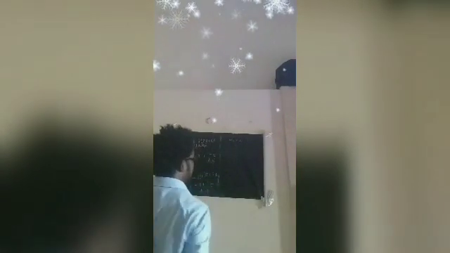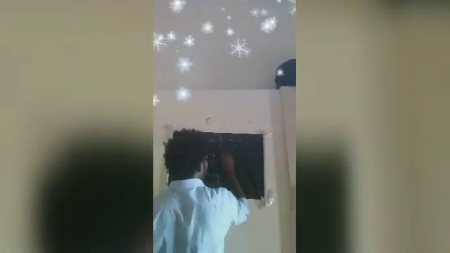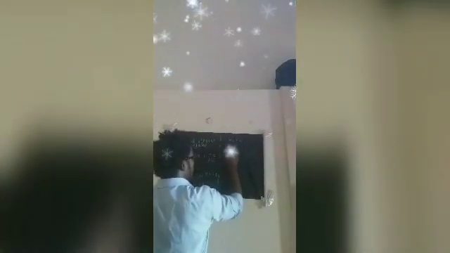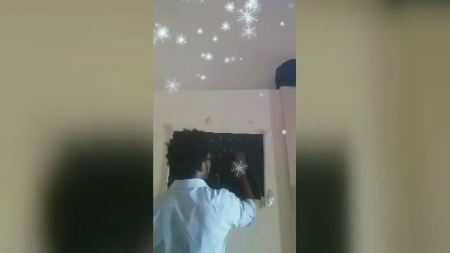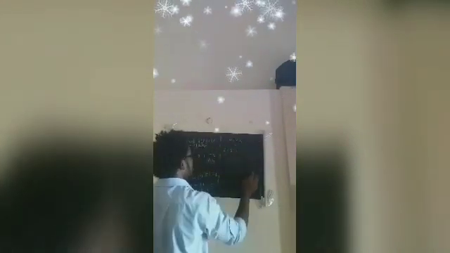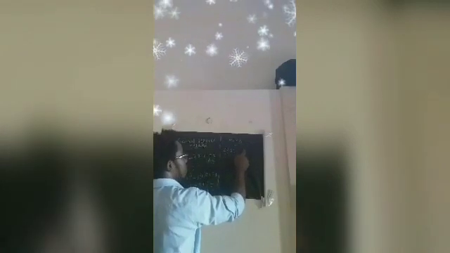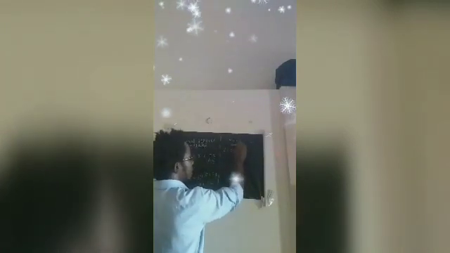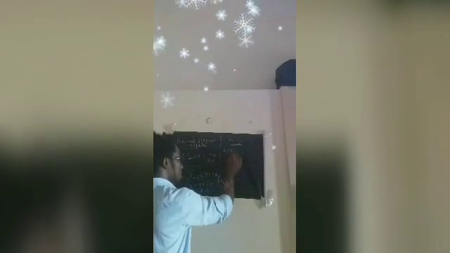So this is negative. Now let us check f of 2. If f of 1 is negative, f of 2 should be positive.